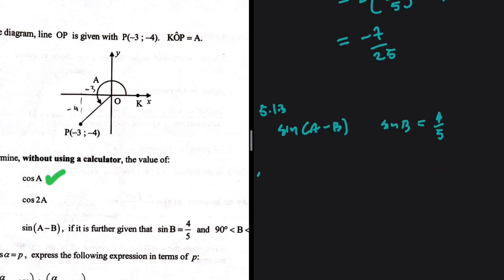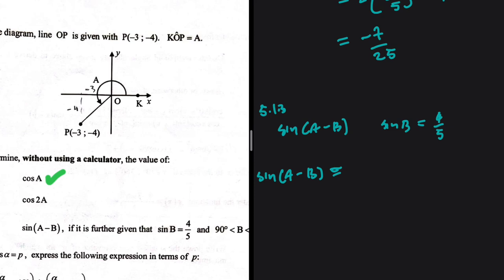We know from the basics, right, that sine of A minus B is equal to something. So the best thing to do with this kind of question is to not write the formula from your head. You have the question paper, copy it down.